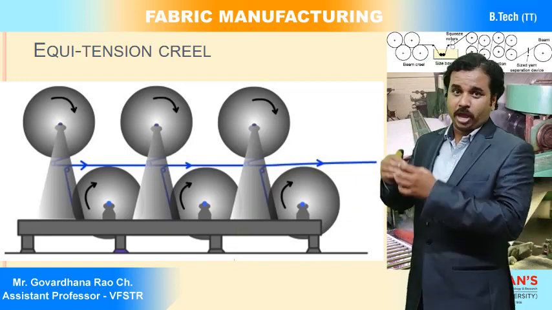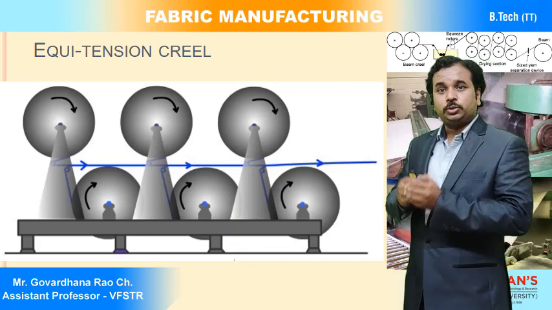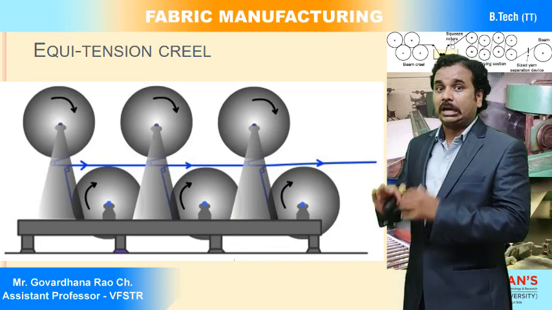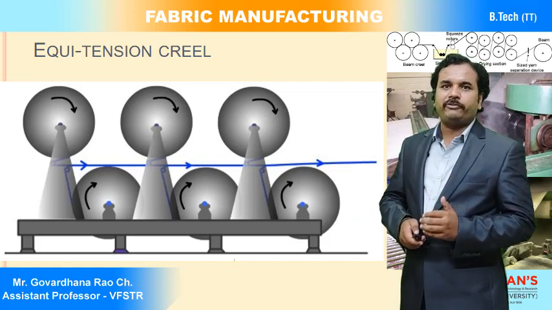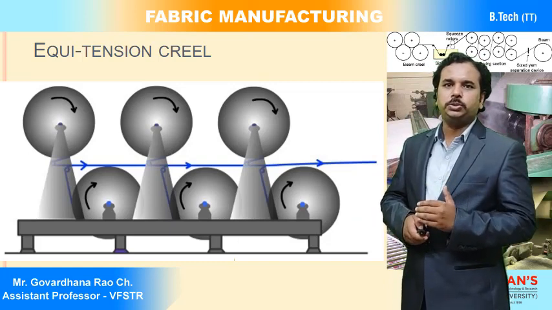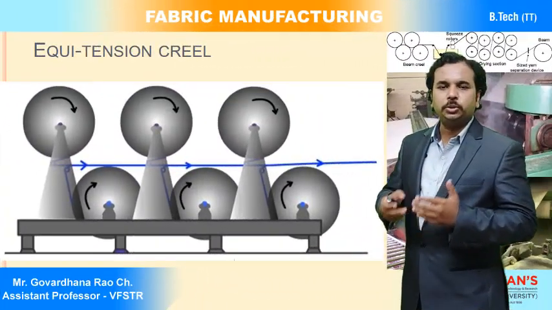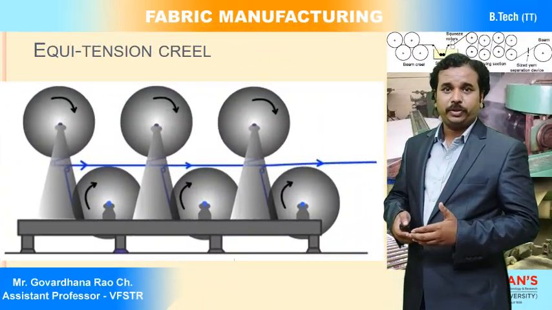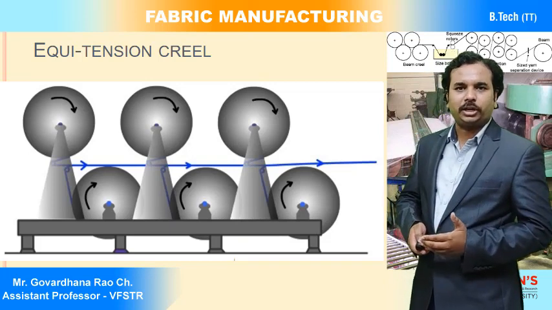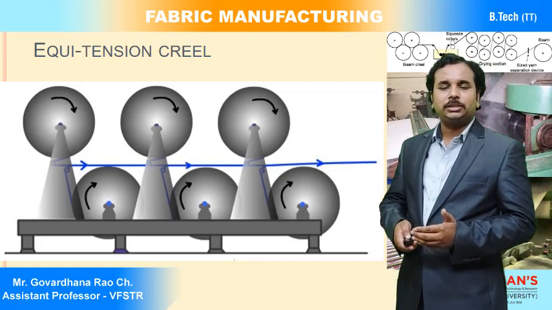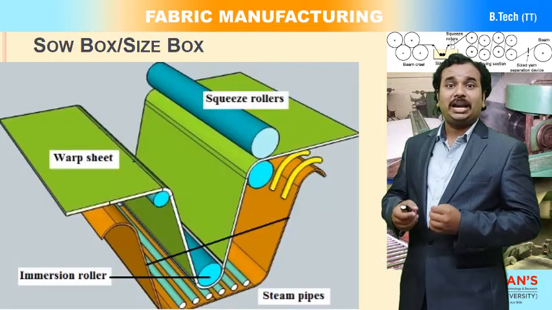In the size box also we have separate driving mechanisms so that there is no stretch in any zone. So these are the 4 different types of creels generally used in the sizing machine.